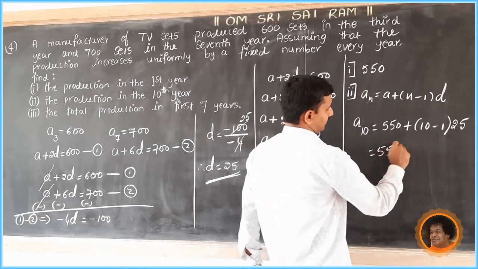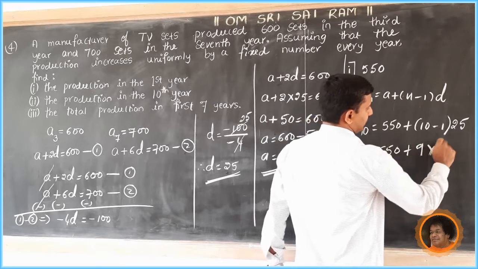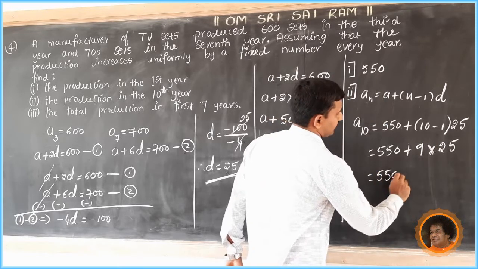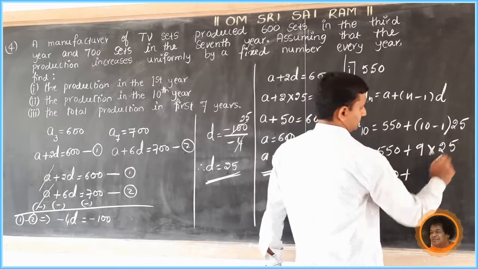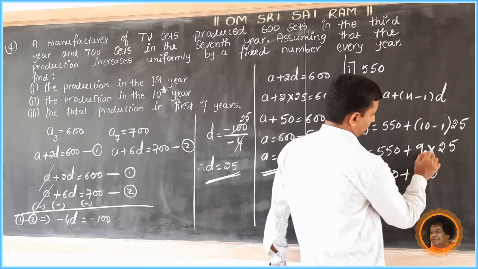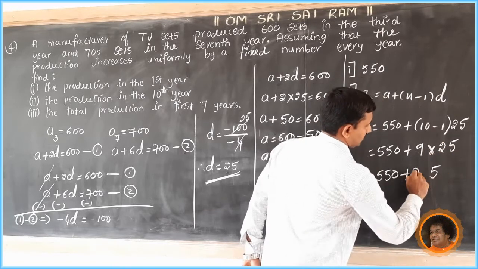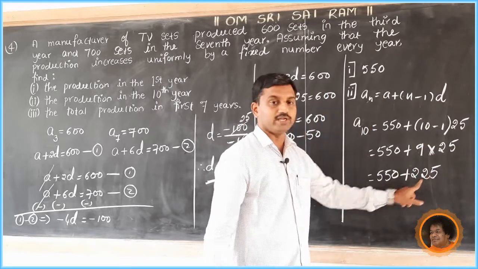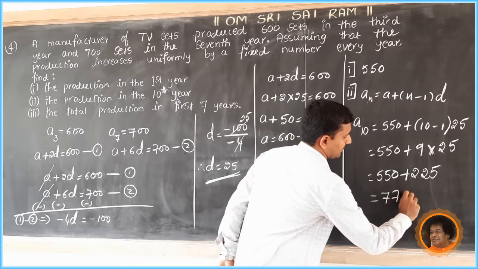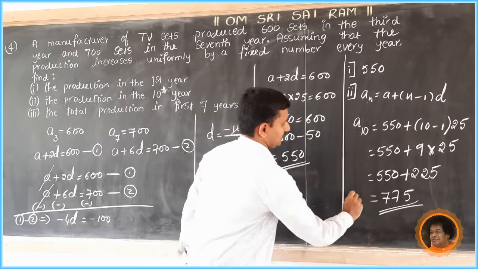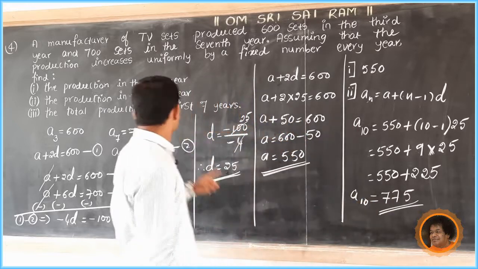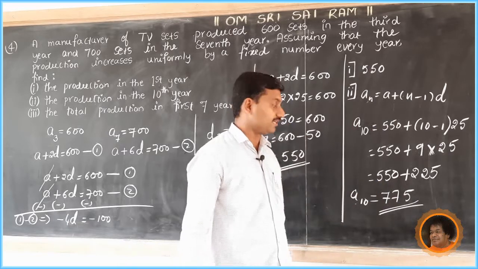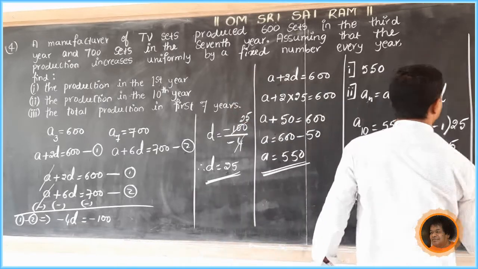That equals 550 plus 9 into 25, which is 550 plus 225. What is the sum? 550 plus 225 is 755. So, that is a10, the production in the 10th year. So, the production in the 10th year is 755.